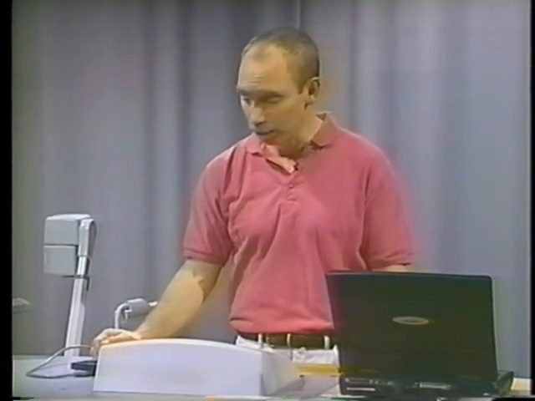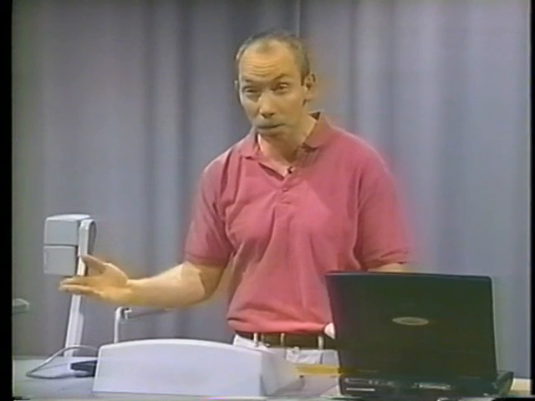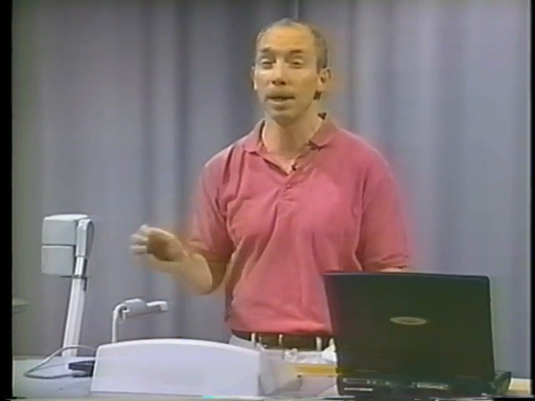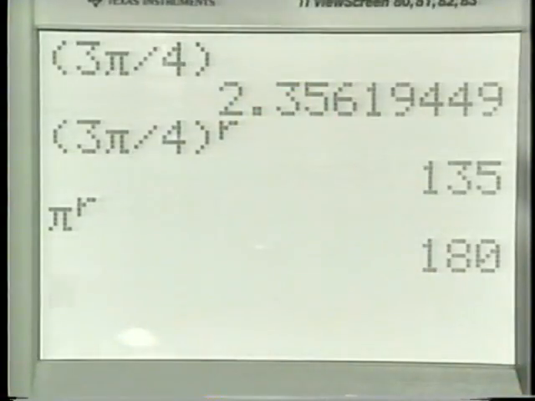Now I'm going to do one more. We'll do it for 2 pi. We know 2 pi is 360. Am I going to have to put the parentheses or not in this case? Well, I need the R to go with both the 2 and the pi. So I'm going to do the parentheses. 2 second pi parentheses.